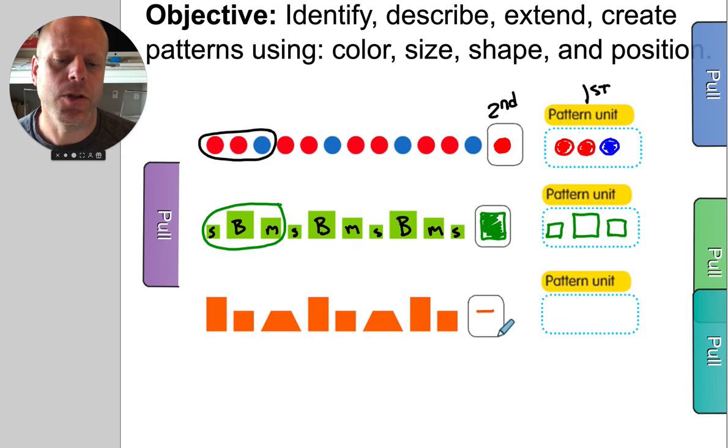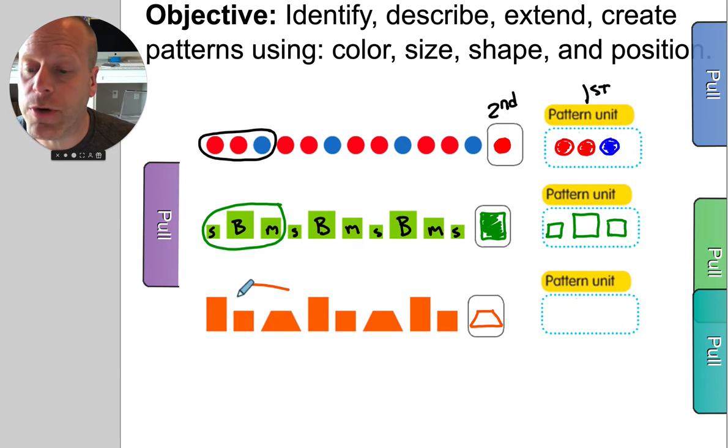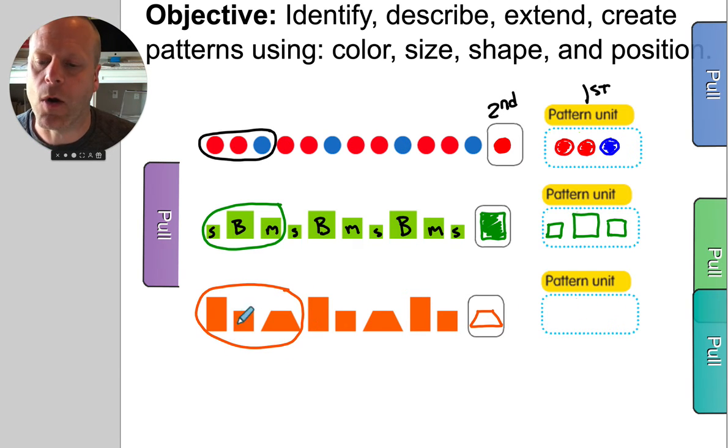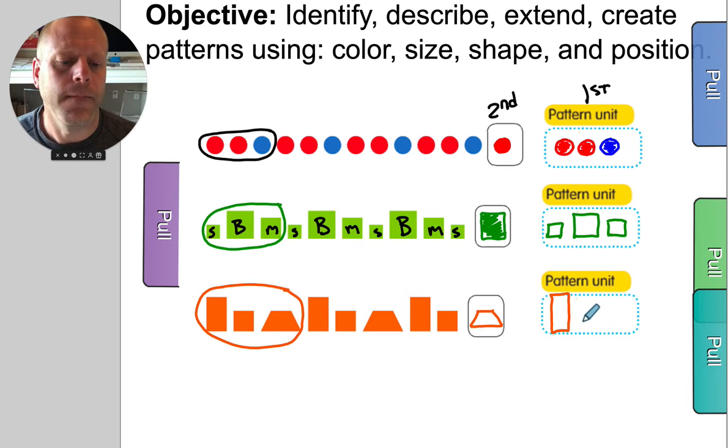Trapezoids have a short top, a long bottom, and then connect up like that. The pattern unit I'm looking for is that whole rectangle, square, trapezoid. That's the part that repeats itself over and over again.